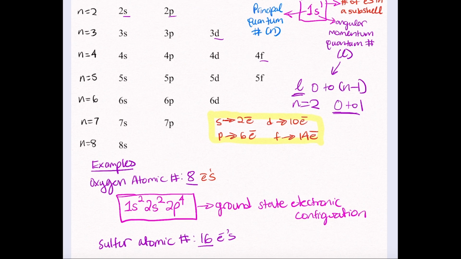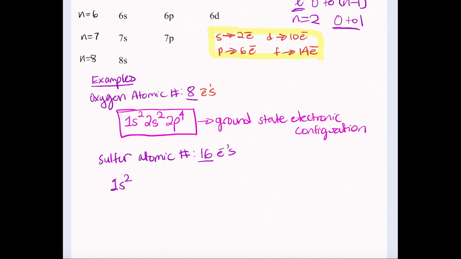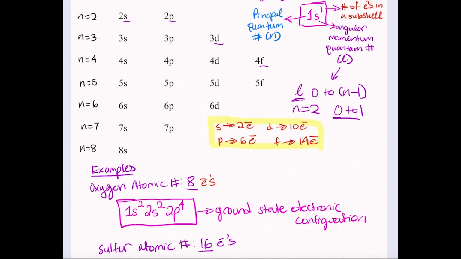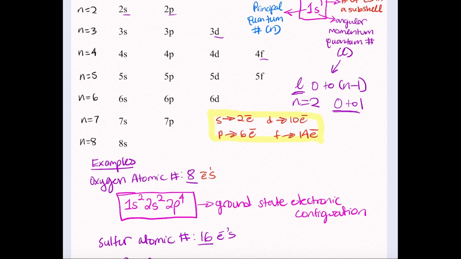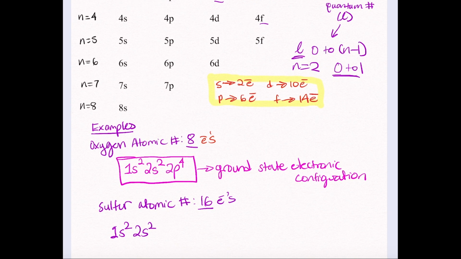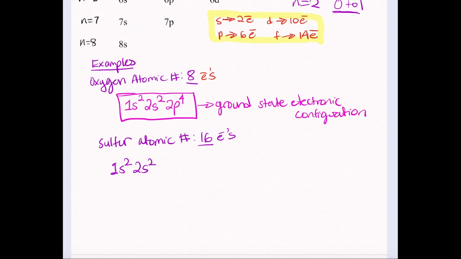Then it's going to fill 2s2. Then it's going to fill the 2p orbital here. Now, like I said before, the p can hold up to 6 electrons. So that means it'll be 2p6.